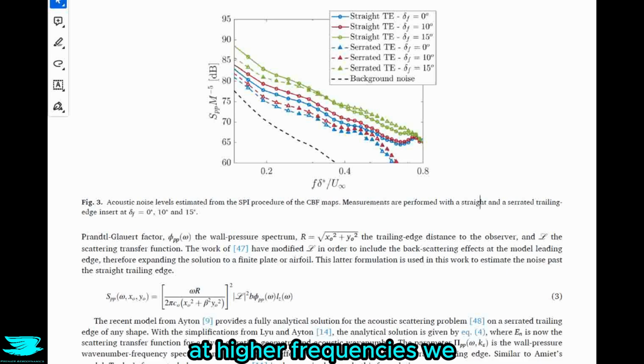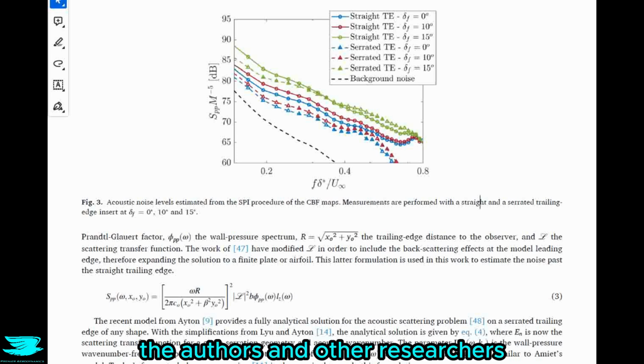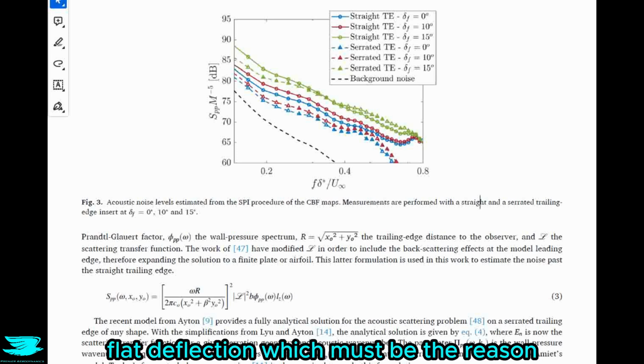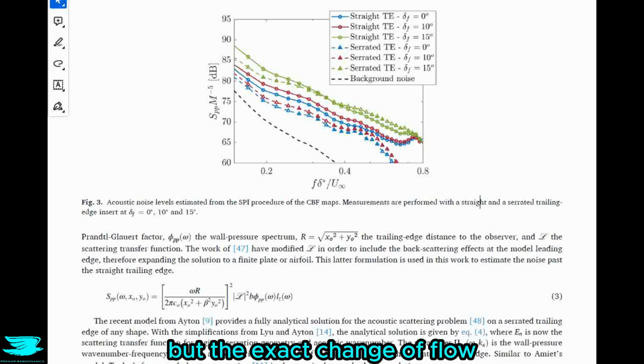At higher frequencies, the serrated trailing edge actually increases the noise by about half a decibel or so. The authors and other researchers suggest that this increase in noise is because the flow is severely altered by this extreme flap deflection, which must be the reason, but the exact change in flow physics isn't discussed here. Maybe we'll see it later on.